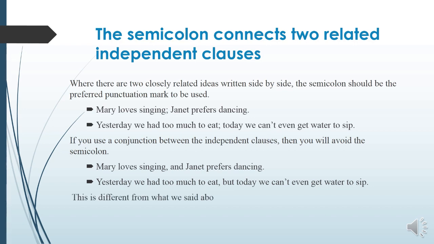This is different from what we said about the colon, where the second clause adds to the information given in the first. You have to get the difference. They're not the same.